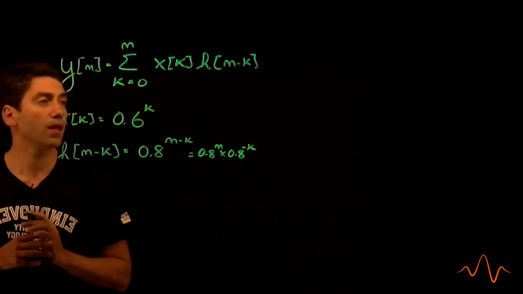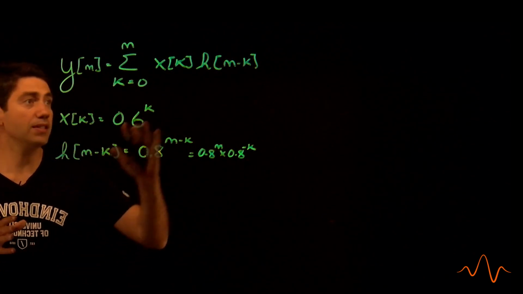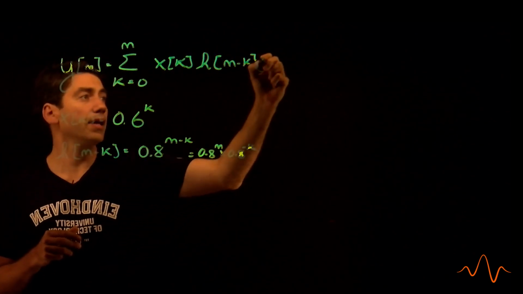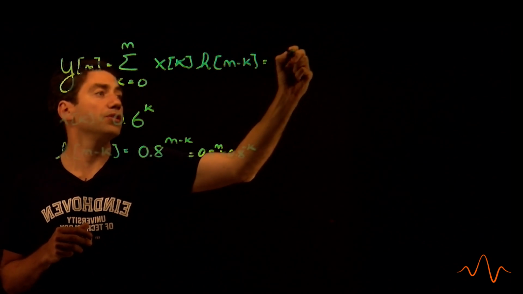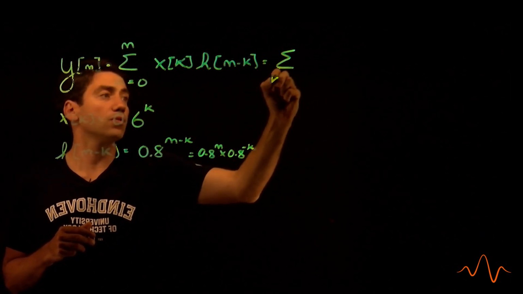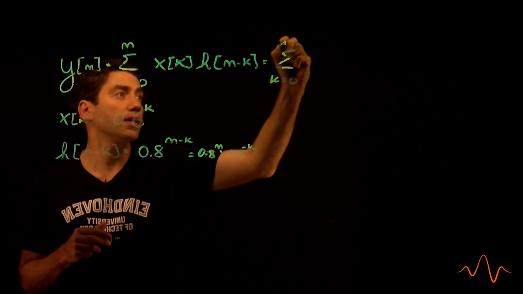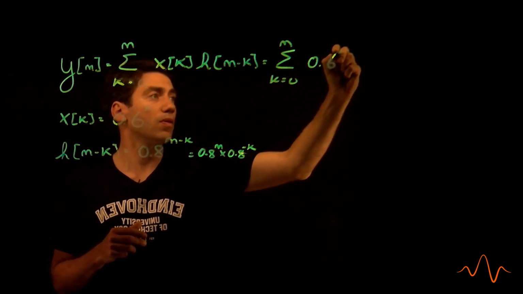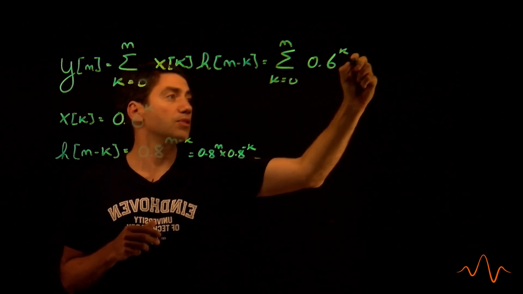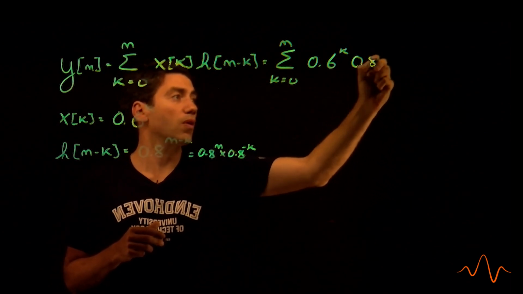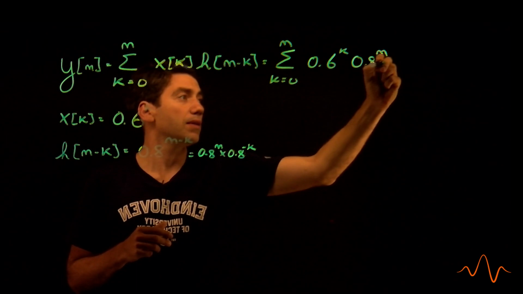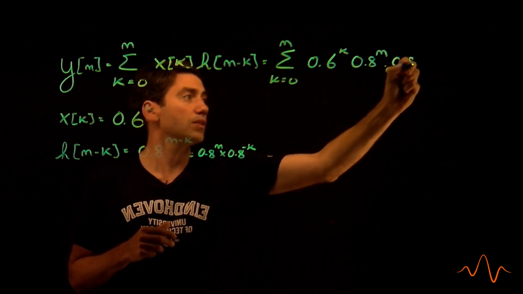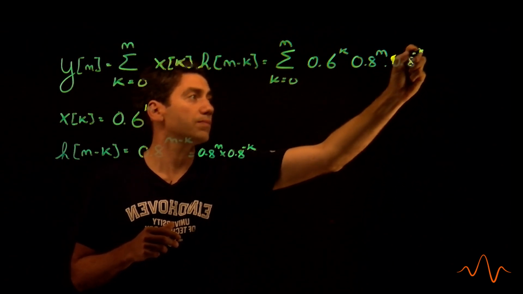Okay. So I'm simply going to replace this here, and I get summation from k equals 0 till n of 0.6 to the power of k times 0.8 to the power of n times 0.8 to the power of minus k.